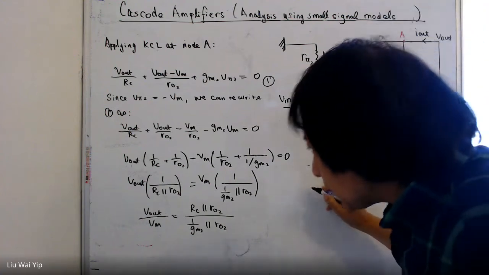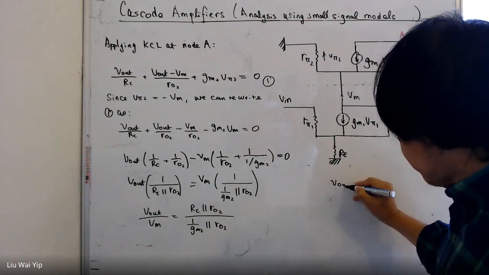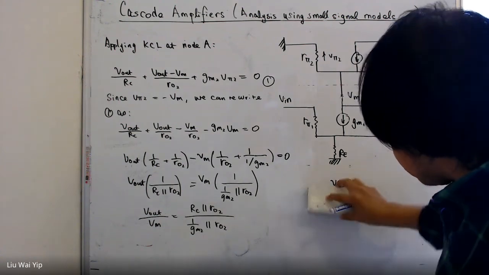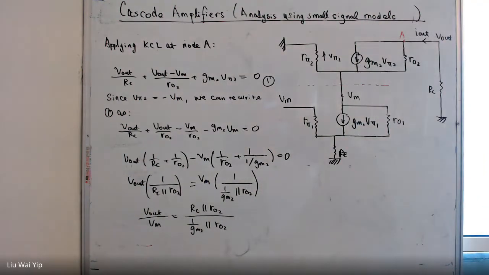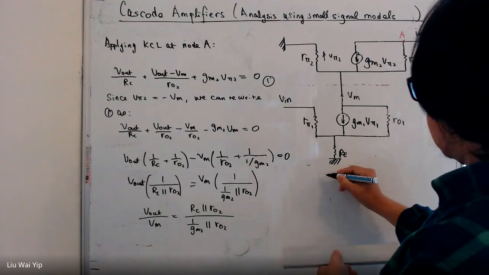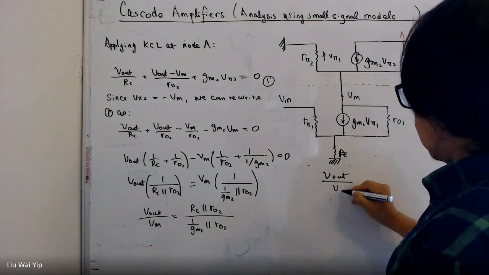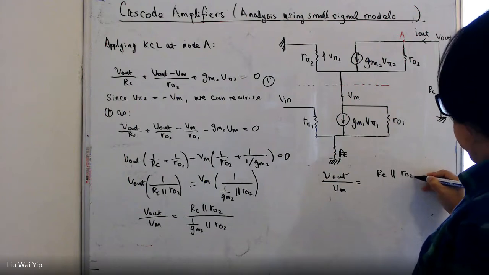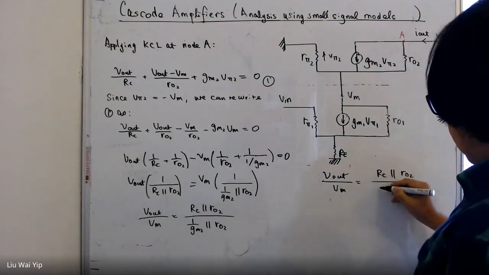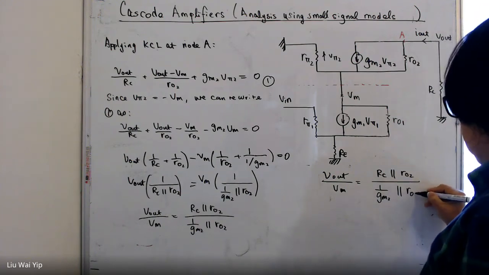So this is our immediate result: RC, 1 over Gm2, RO2.